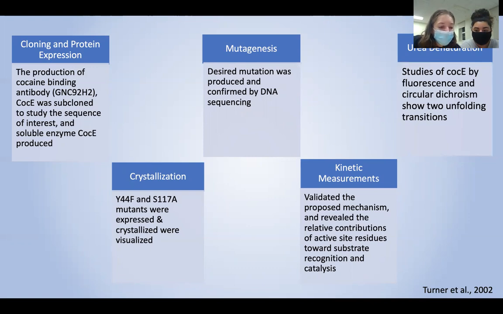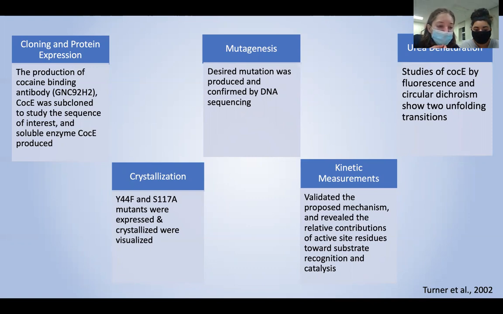Finally, urea denaturation. First, fluorescence was measured at room temperature using the SpectraMax Gemini spectrofluorometer plate reader. The final enzyme concentration was determined to be 1.5 micromolar.